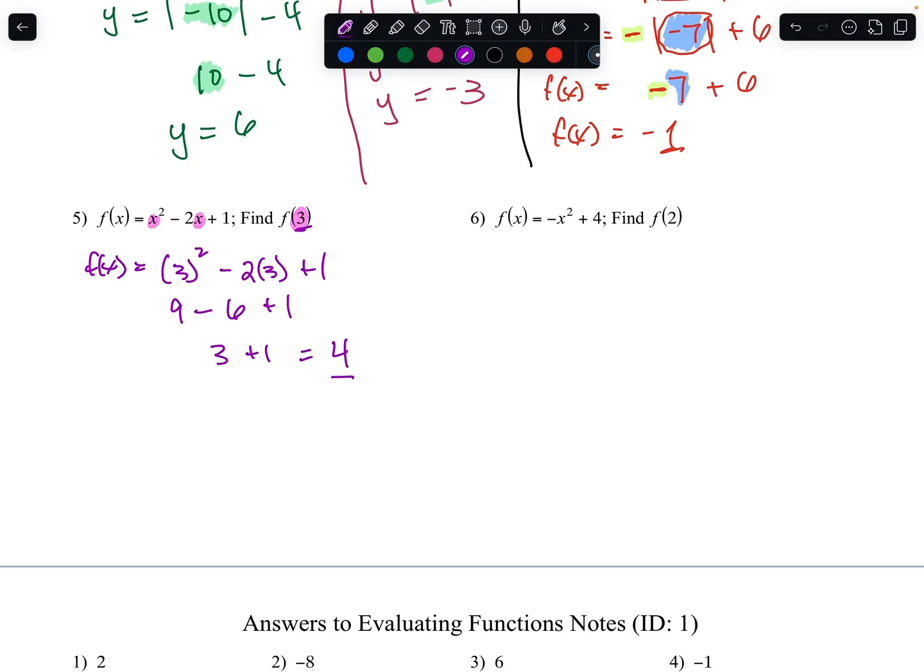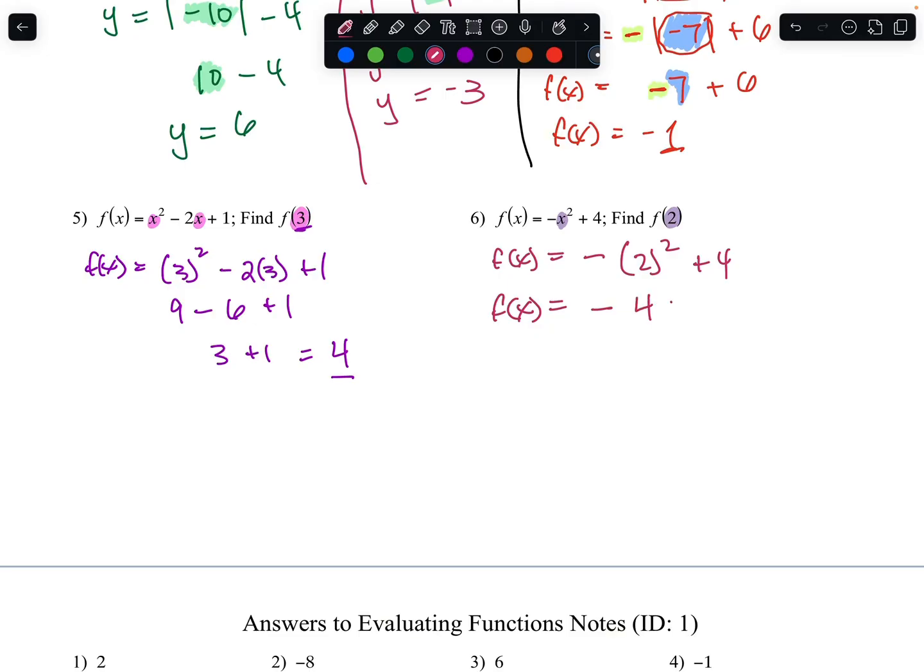And on the final question, I've got f of x. Now we're going to input 2 where the x is at. Oh, there's a negative on the outside, so don't get tripped up with that one. So we've got negative 2 squared, plus 4. So f of x is equal to negative, well, what's 2 squared?